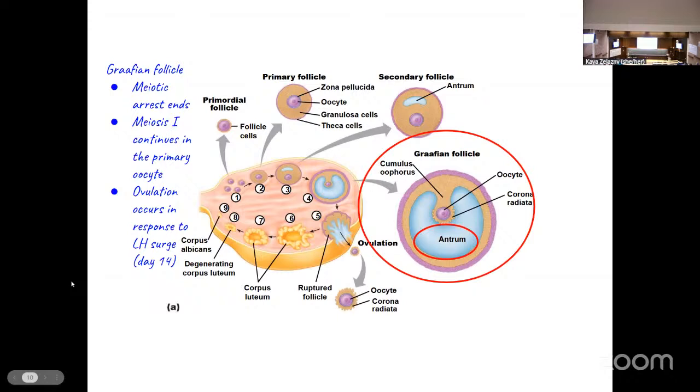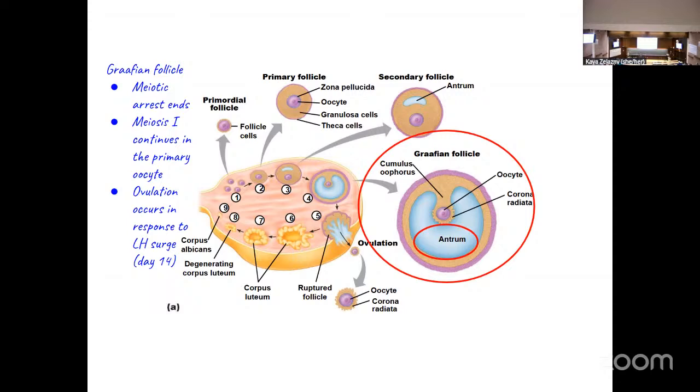Okay. So when we're in this Graafian follicle and we are heading into ovulation, this is when we unpause meiosis. So from birth until whenever this specific menstrual cycle was, so however old you are, but over a decade, we've been in meiotic arrest.